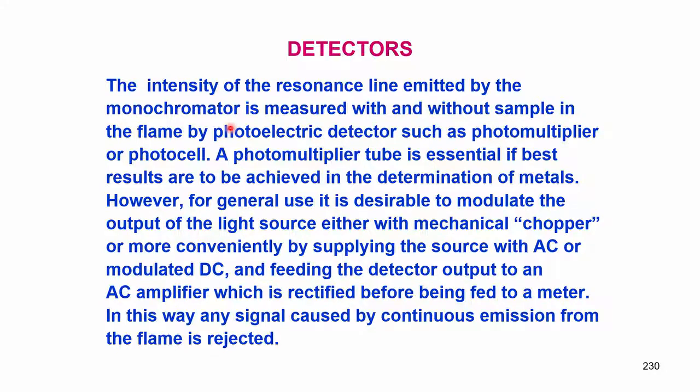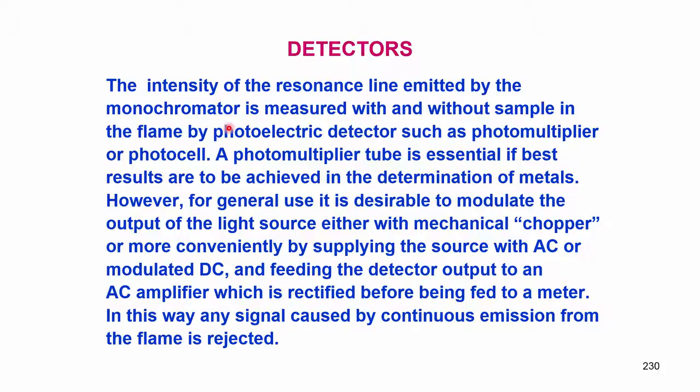So, coming back to the detectors, the intensity of the resonance line emitted by the monochromator is measured with and without the sample in the flame by the photoelectric detector. We have already discussed the photoelectric detector earlier.